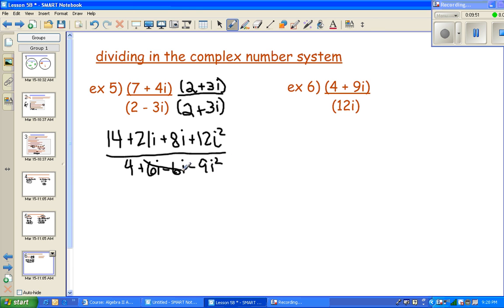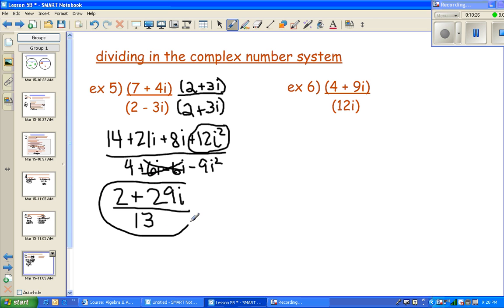And the reason we do the conjugate is the conjugate will always cause those middle terms to cancel out. Remember, 12i squared is the same thing as negative 12. So 14 minus 12 is 2 plus 29i. And remember, negative 9i squared would be the same as positive 9, so 4 plus 9 would give you 13 here. And if you had a common factor between these three terms, you would try to reduce it, but we don't. So we're done. Okay?